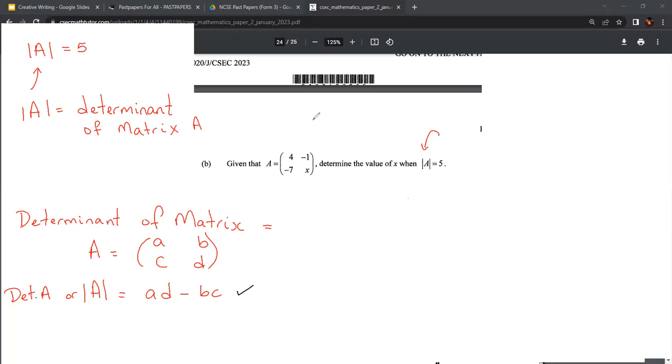Next, let's see how we are going to extract this information from A. So they gave us here that A is equal to 4 minus 1 minus 7x. I can label my elements as A, B, C, D, and I could substitute it into this formula. Now, you guys know I always share ways in which I remember stuff, right?